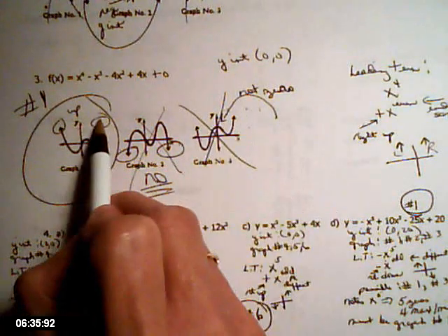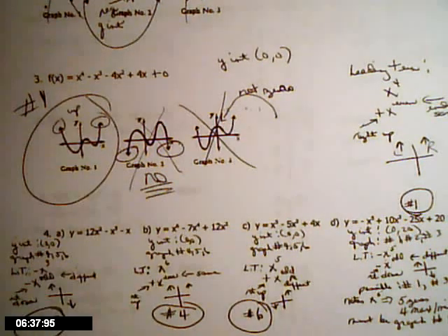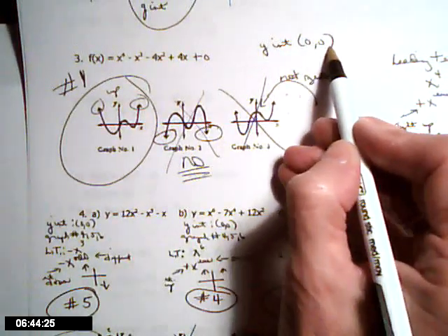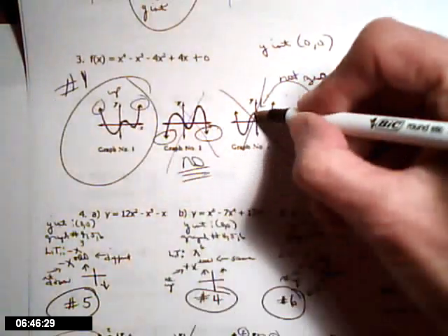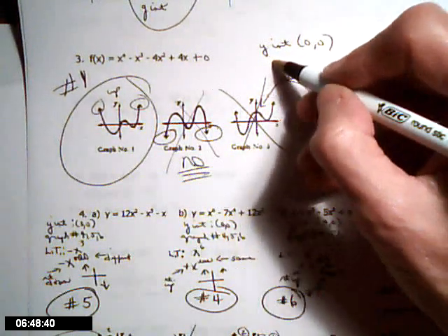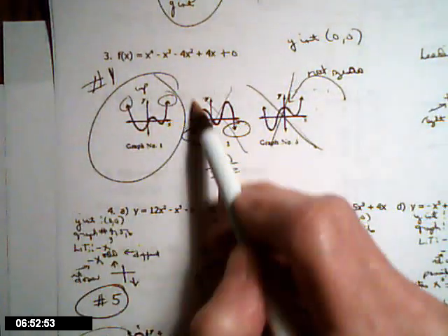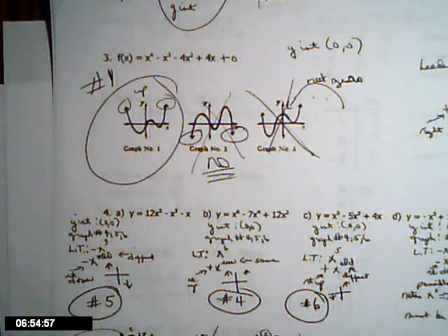These are both up. Now let's look at what else we have to go with there. The y-intercept, there's no number there, so it has to be 0, 0. This one does not go through 0, 0. Therefore we marked it out. This one does go through 0, 0. So number 1 would be my answer.